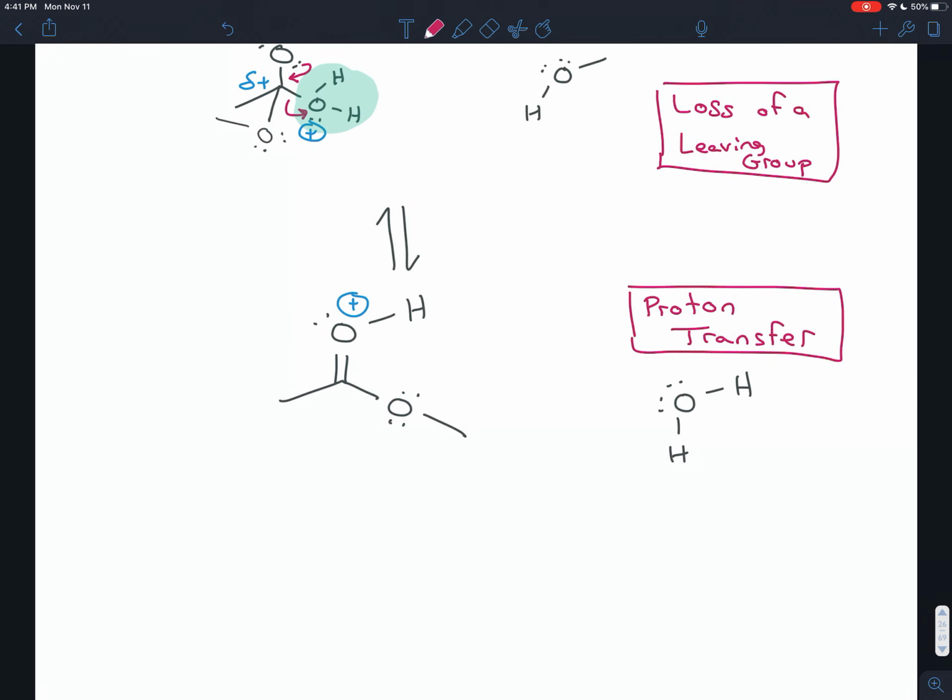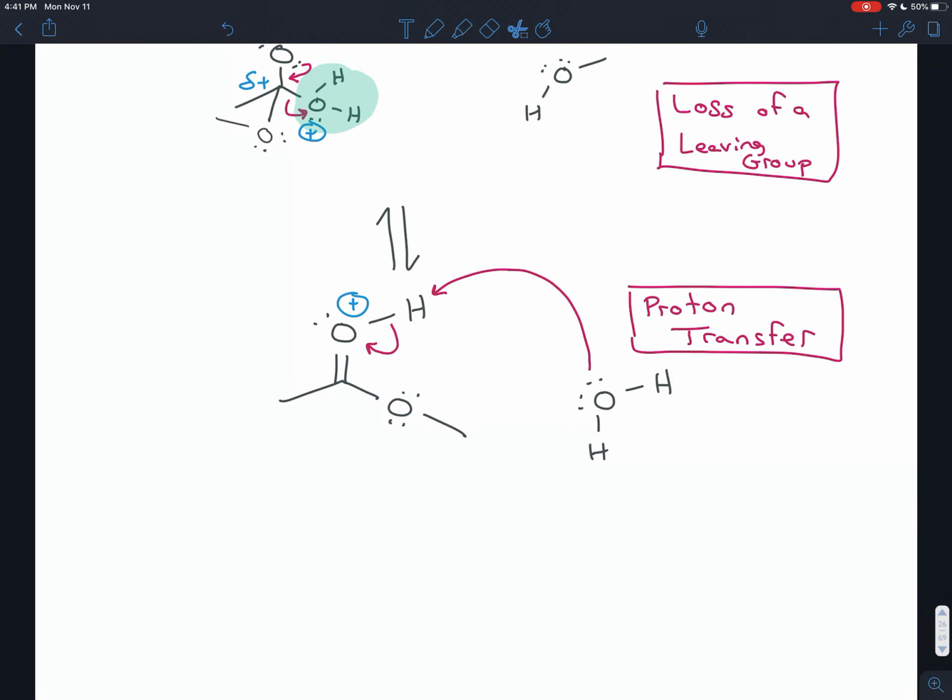Here, this has a positive charge, so we want to remove an H+ in order to remove that positive charge. You remove an H+ by adding a base, and water here can act as that base. The slightly negative oxygen could steal one of those slightly positive hydrogens.